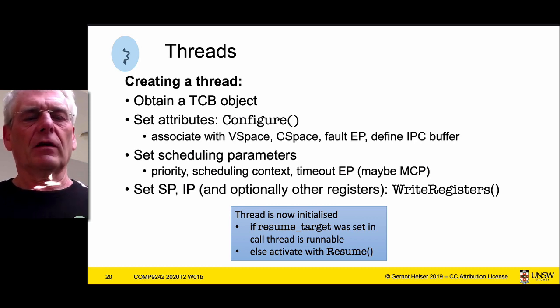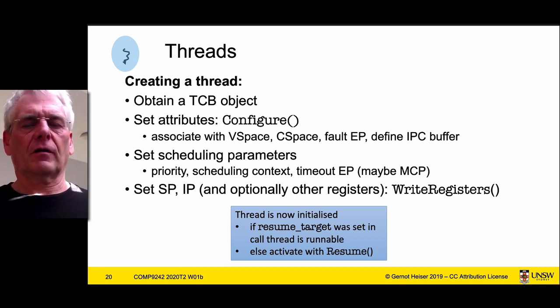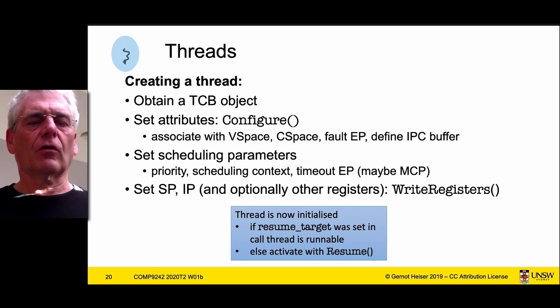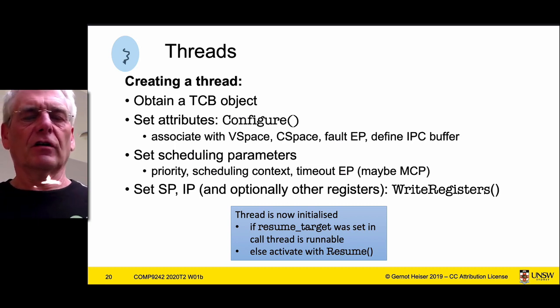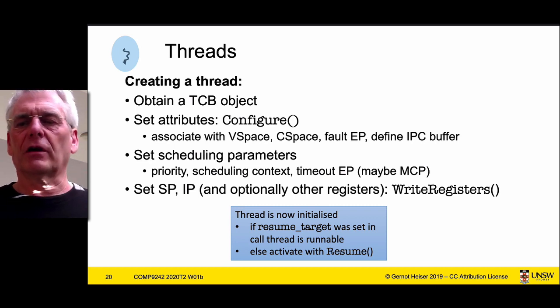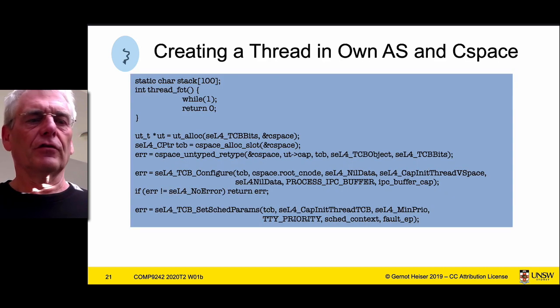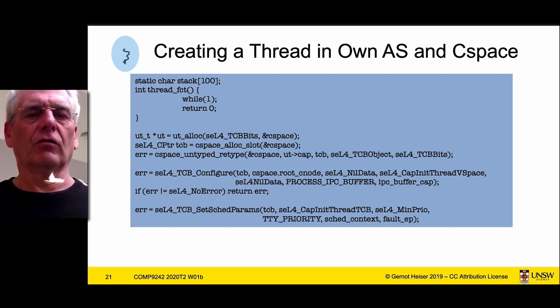If the write registers system call was given the resume target flag, then the thread is immediately runnable. Otherwise, it is still blocked and needs to be made runnable with a resume library call. This is summarized in this piece of code here, which shows how you create a new thread in your own address space.